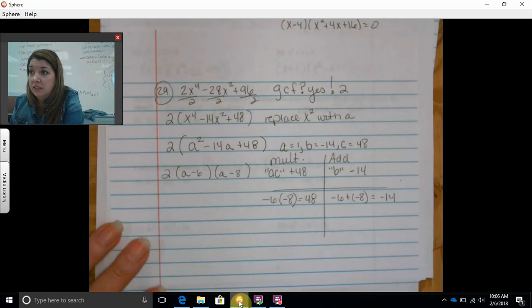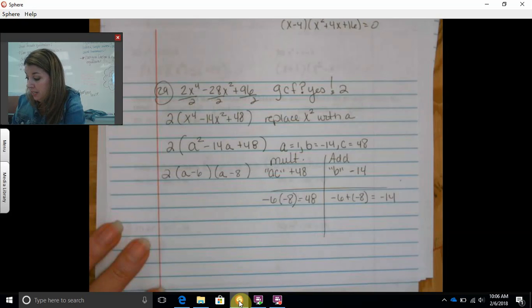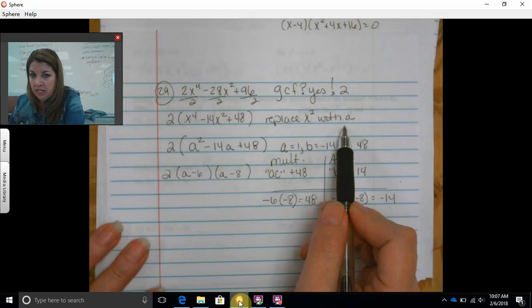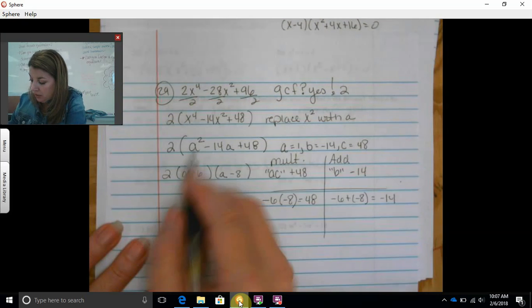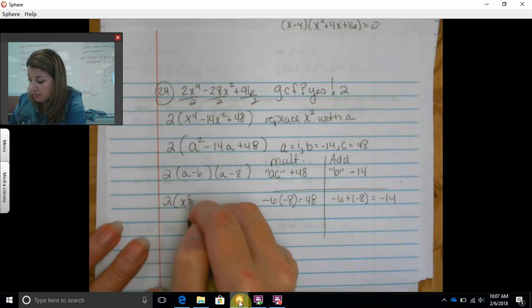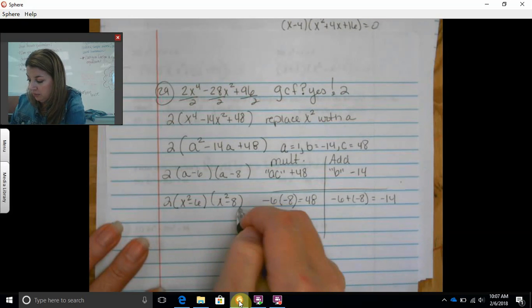Is that going to be correct? No. Do you see any A's in the original? What do I got to do? I got to go back and undo this. Now, wherever I see an A, I got to substitute back in x squared. So it'll be 2 times the quantity of x squared minus 6 times the quantity of x squared minus 8.